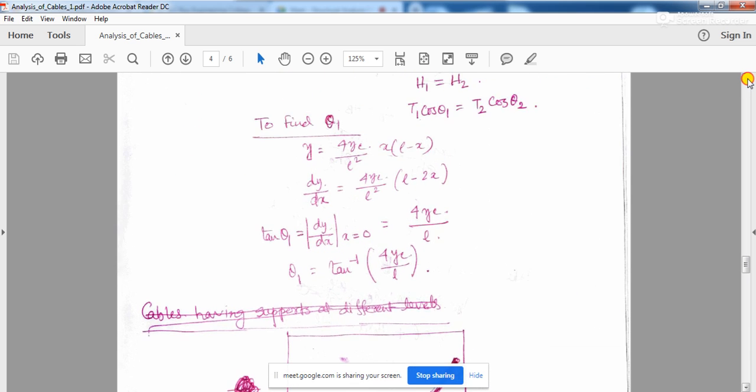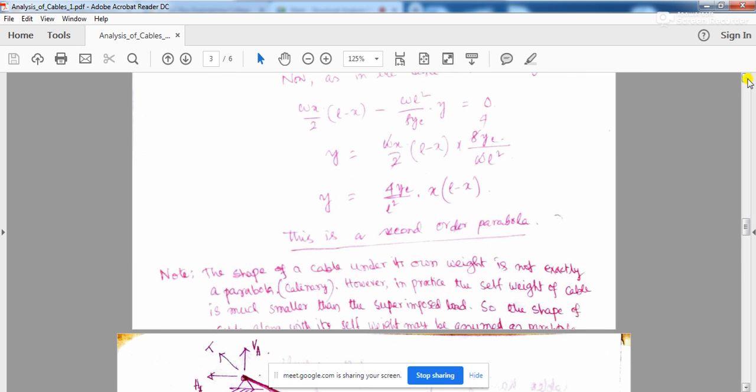You have got the equation of the cable: y is equal to 4yc by L squared multiplied by x into (L minus x). That is the equation of the parabolic cable we have got, basically a second-order parabola.